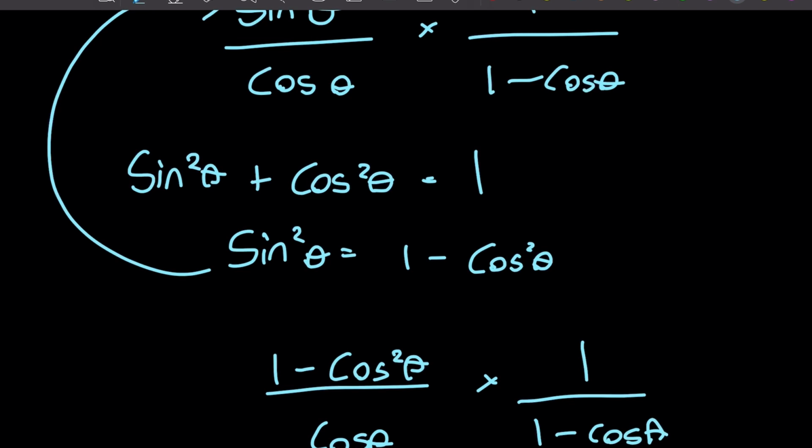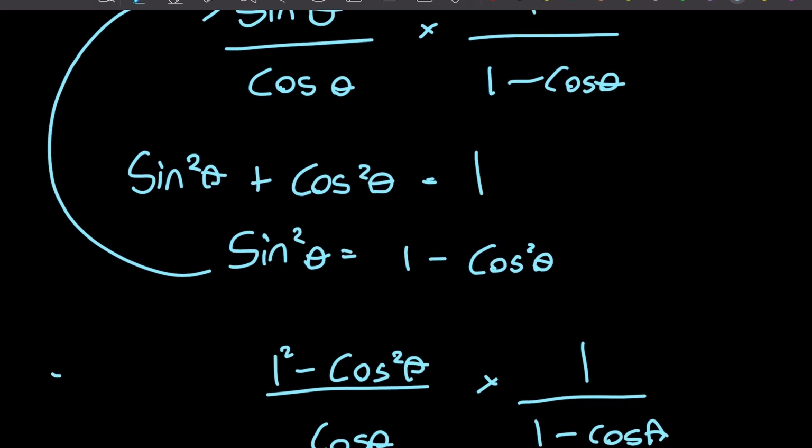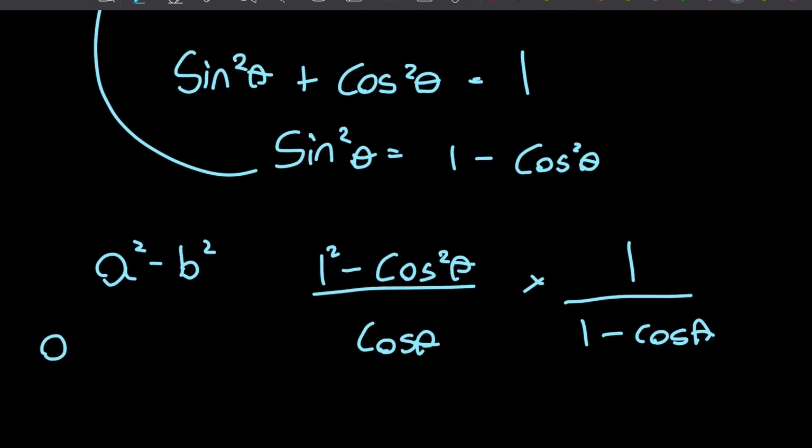Now, what is something you notice about this? Well, it's probably not the most intuitive thing, but 1 is the same thing as 1 squared. And if you have a squared minus b squared, that's the same thing as a plus b times a minus b.